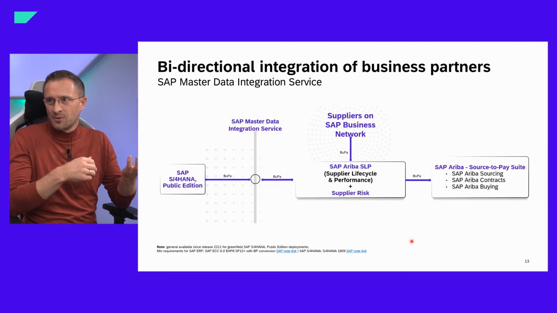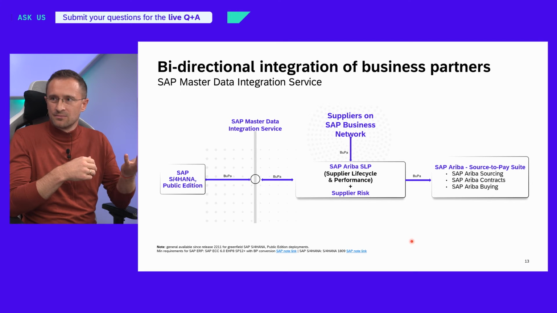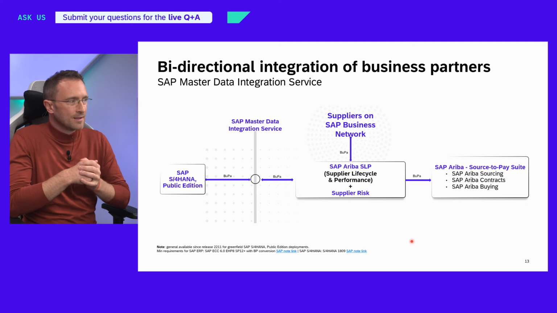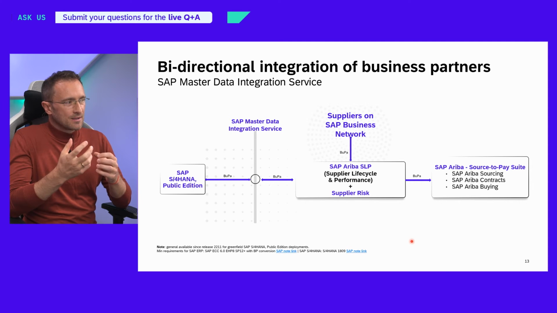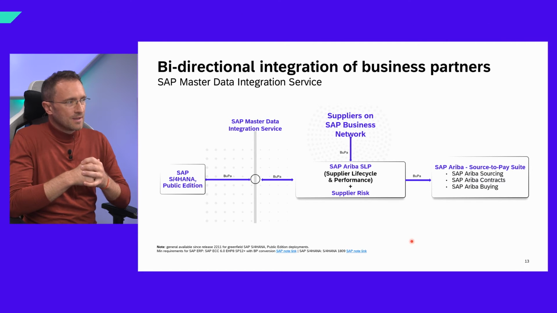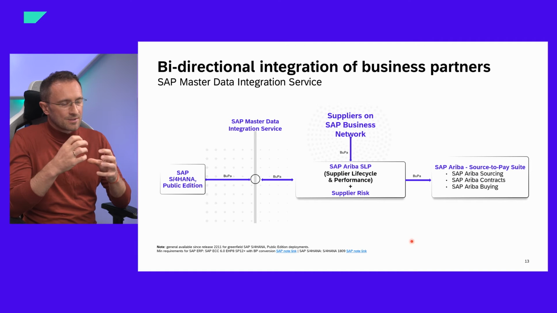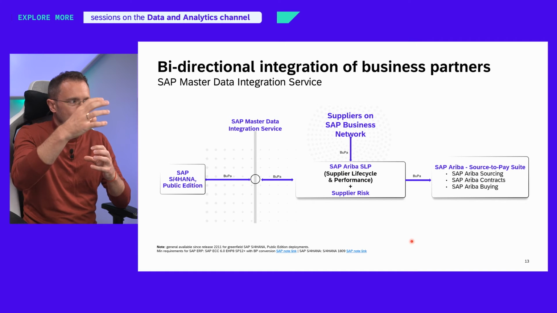S/4HANA is obviously the system of record, and usually that's the clean source that you want to keep clean. Ariba SLP is technically speaking a microservice in the Ariba solutions, which consumes the business partner data records. And SLP is also tightly interconnected with the Business Network. So this is basically the connection to the outside world.